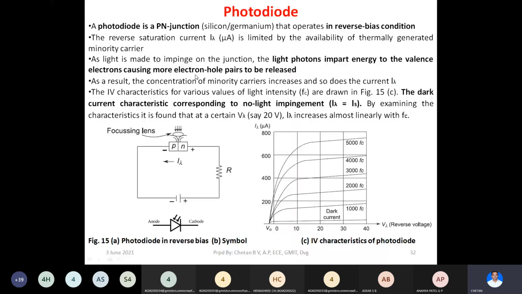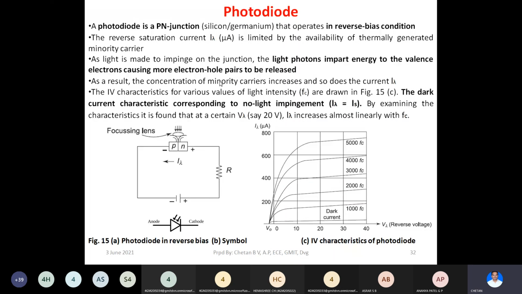So whenever this light falls on the p-n junction, the photons transfer energy to the valence electrons, and this results in more electron hole pairs being generated, right? The electrons will come out of the valence shell and reach the conduction band, which means they will be available for conduction.